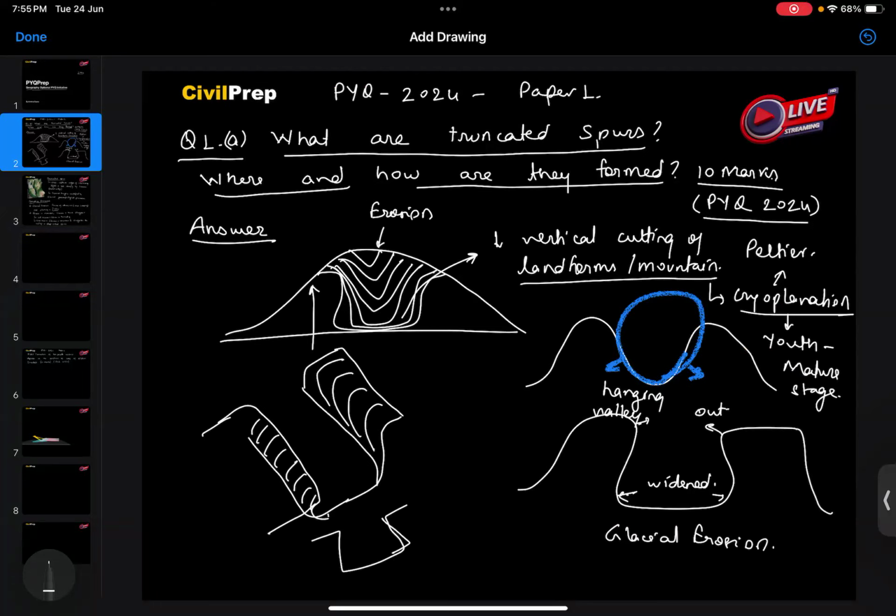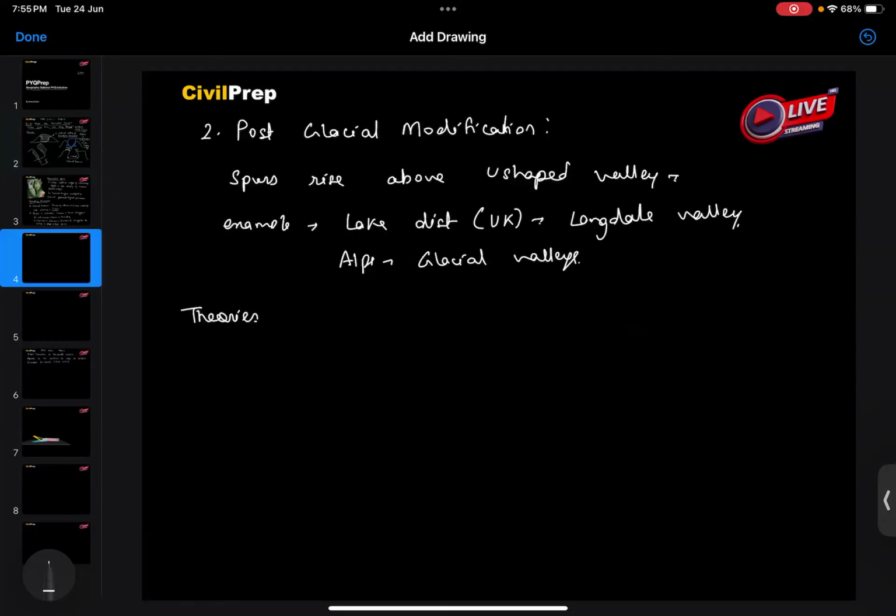So here we can apply, number one, the Davis cycle of erosion, where we see that the glaciers and rivers result in the formation of such kind of truncated spurs.